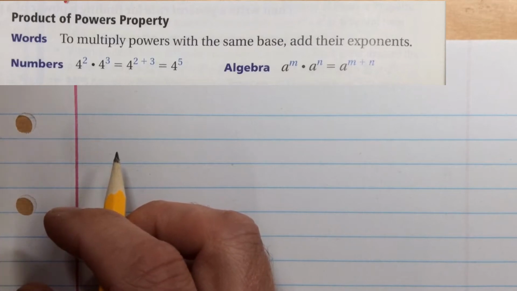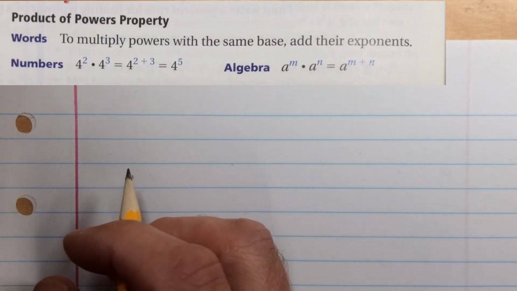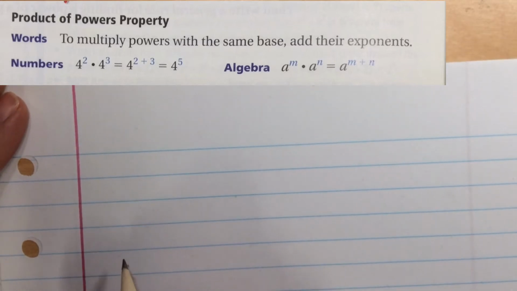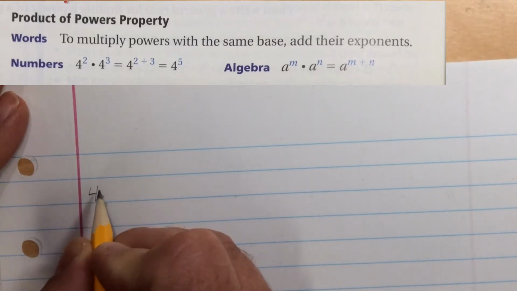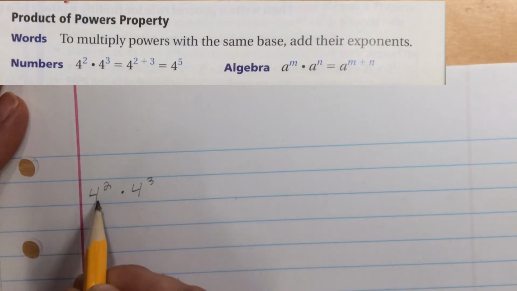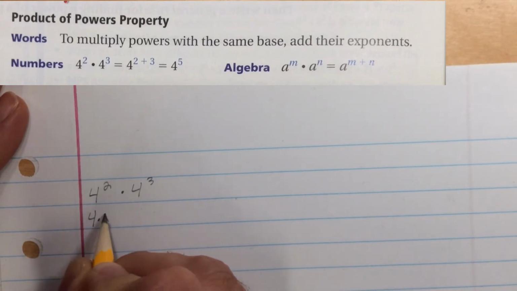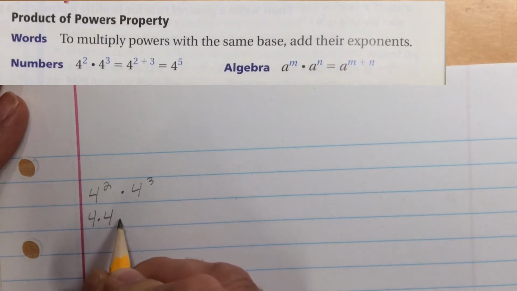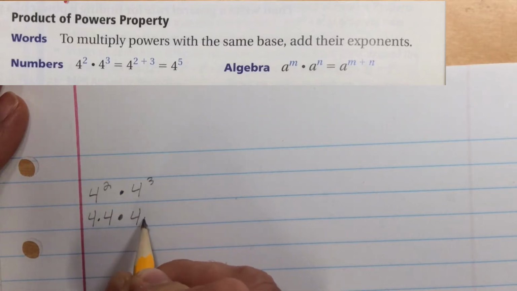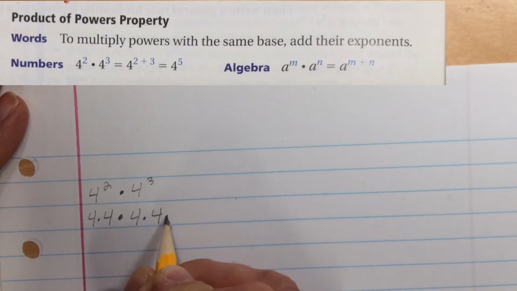It gives us the example 4 to the second power times 4 to the third power is the same as 4 to the second plus third power, 4 to the fifth power. But if we want to look at what that means, 4 to the second power means 4 times 4, and this is times 4 to the third power, which is 4 times 4 times 4.